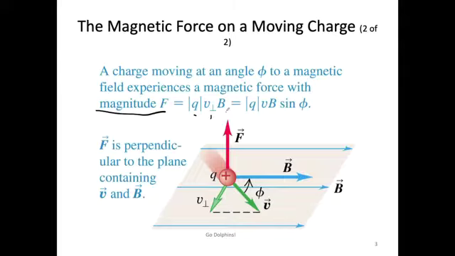V perp can also be expressed as V sine phi, where phi is the angle between B and V.